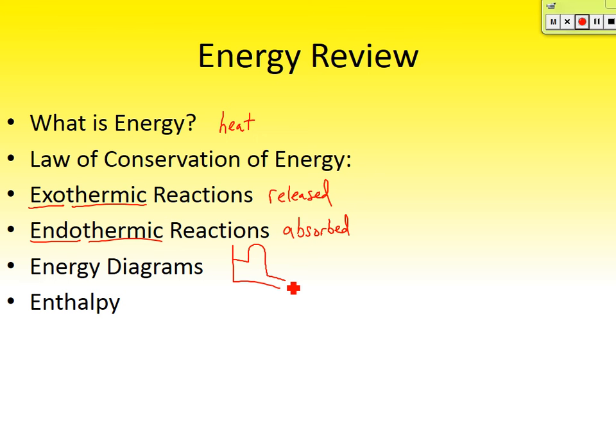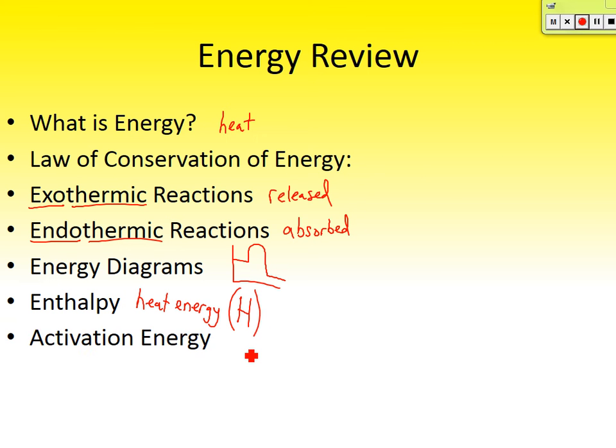It's kind of a weird name, but what does it mean? It means heat energy. What symbol is it given? A capital H. Okay. Do you know what activation energy is? The energy needed to start a chemical reaction. If you look, it's that hill. So you could calculate it, right?